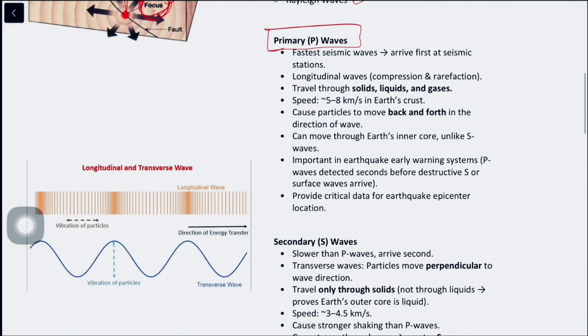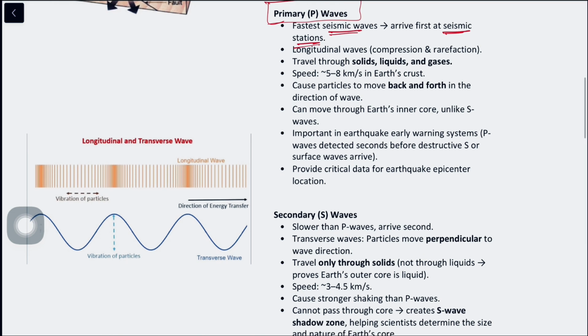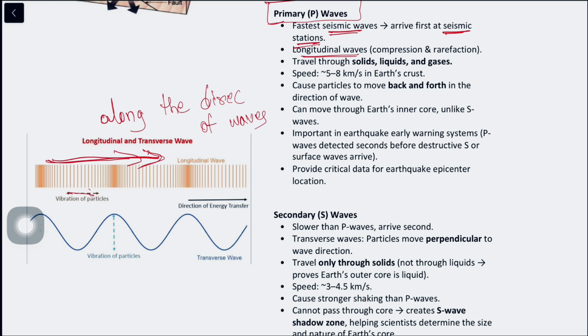So what are the primary waves? They are the fastest seismic waves, arriving first at the seismic stations, and they are called longitudinal waves, because when P waves are traveling, suppose the P waves are traveling in this direction, they will move the particles inside the medium in the direction along the direction of waves, back and forth.